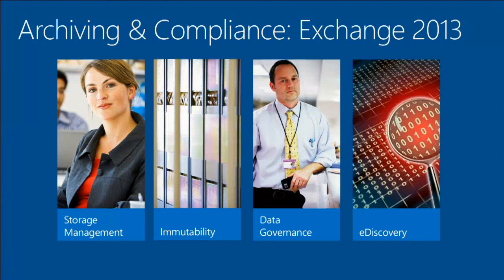Then there is this concept called immutability. Once I have something in the archive or I'm retaining email for X number of years, I need to make sure, especially for legal reasons, when you have e-discovery requests, that this concept called immutability means the email is not deleted before that time, and it is not tampered with before that time.